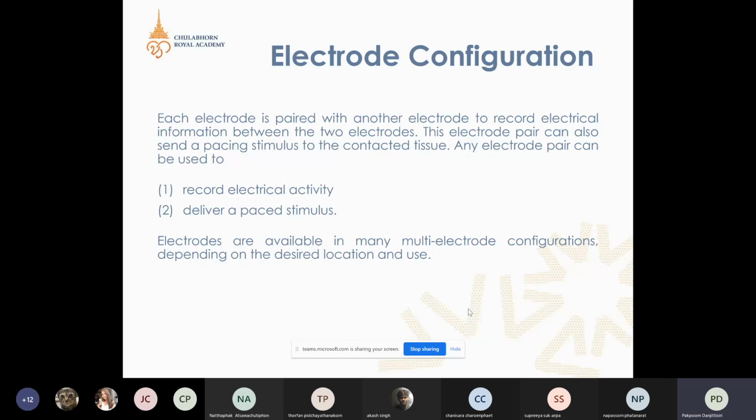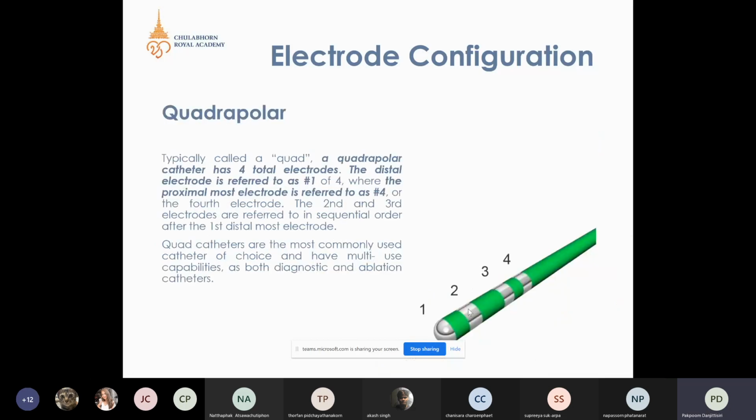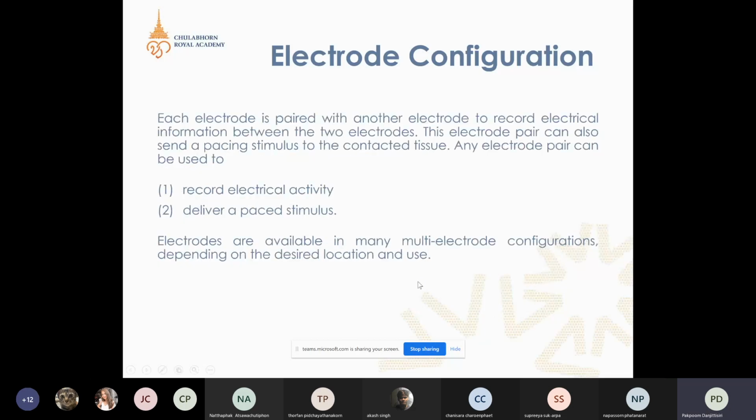There are two functions. First, record electrical activity between the electrode pair, and second, deliver a paced stimulus ordered from the workstation.